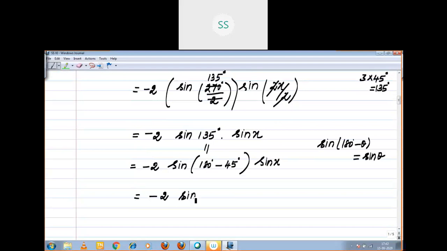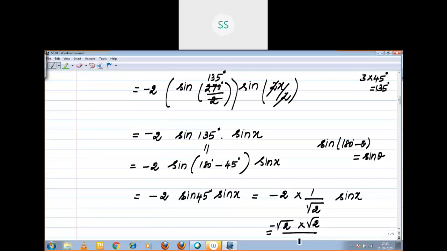So minus 2 into sine 45 degree into sine x, which equals minus 2 into 1 by root 2 into sine x. The whole number you are going to write in terms of irrational: root 2 into root 2, divided by root 2, into sine x.